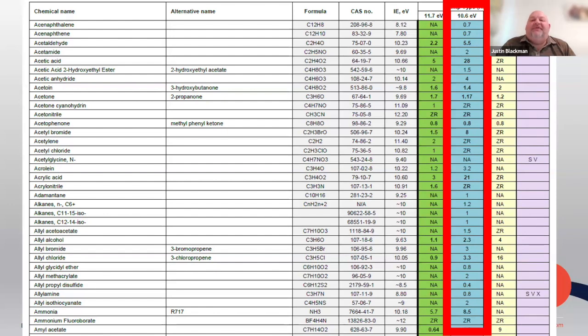So as a rule of thumb, if the response factor number is higher than 5, I would suggest we ask ourselves those questions. Is it right to be using this particular lamp setup right now?